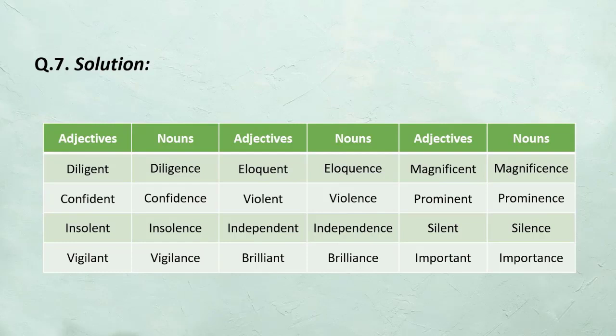Insolent becomes insolence, vigilant becomes vigilance, eloquent becomes eloquence, violent becomes violence, independent becomes independence, brilliant becomes brilliance, magnificent becomes magnificence, prominent becomes prominence, silent becomes silence, and important becomes importance.